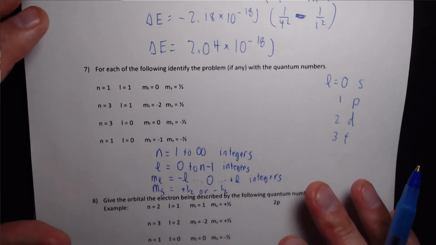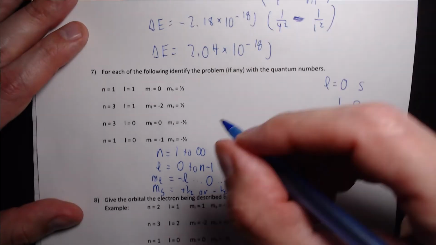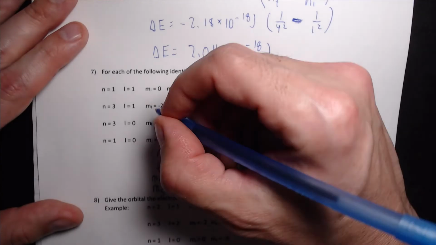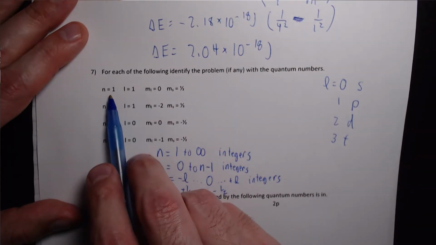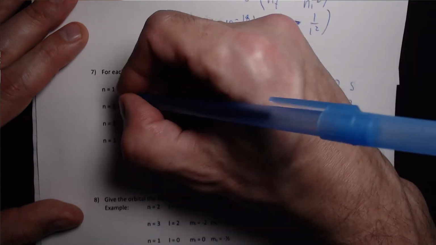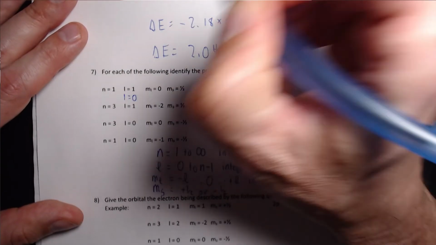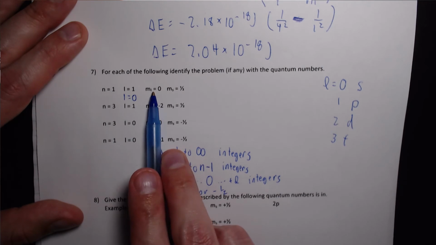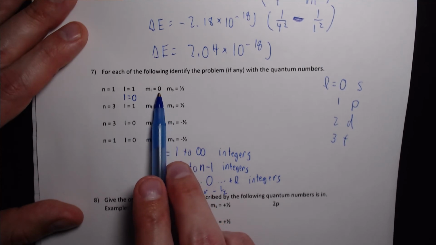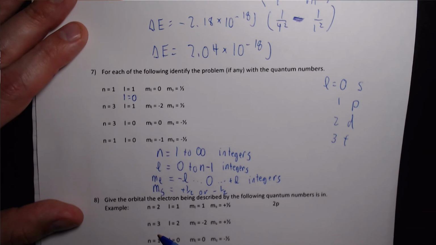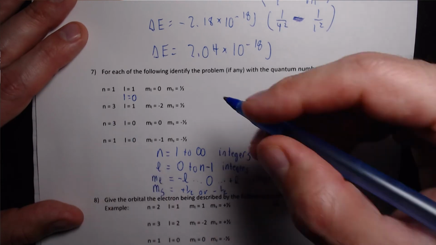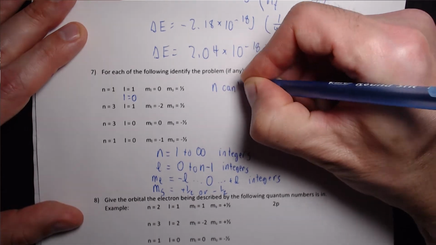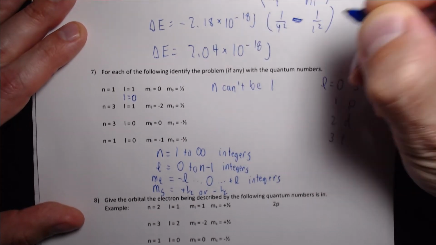Let's take a look here. What is the problem with this? Well, if n equals 1, L could be 0 to n minus 1. 1 minus 1 is 0, so if n equals 1, L has to equal 0. m sub L could be 0, and m sub S could always be plus or minus 1/2.